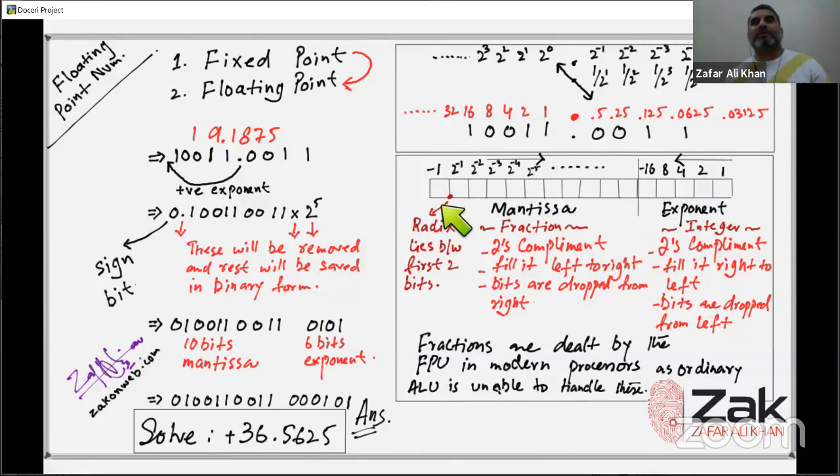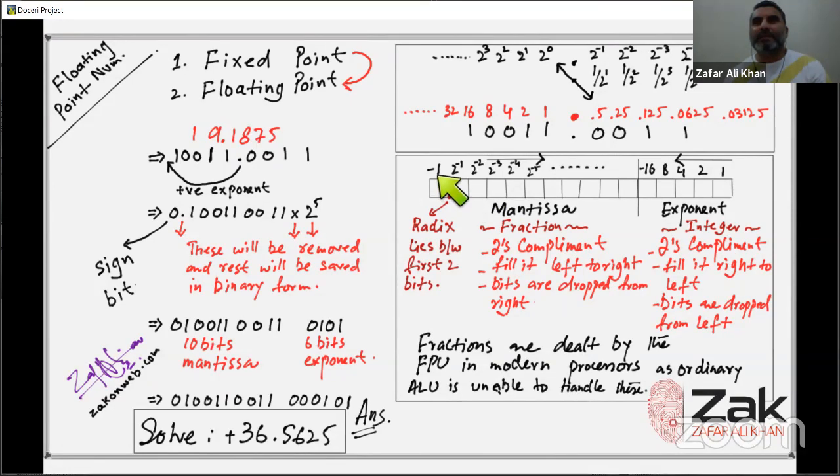So the mantissa, because of the point in it, is in fraction form, and the exponent, because it is just noting the number of times the point has moved or will have to move, is just an integer. So the mantissa has a point in it, it is a fraction, and the exponent is an integer or whole number. They are both in 2's complement form.